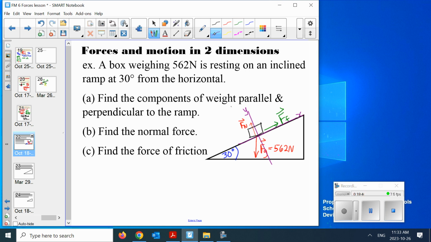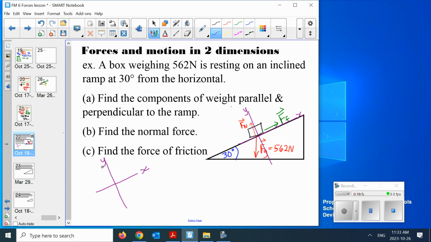I'm going to just redraw this. I'm going to move it. Now that's my xy axis, x, y, and I'm only interested in the weight force.